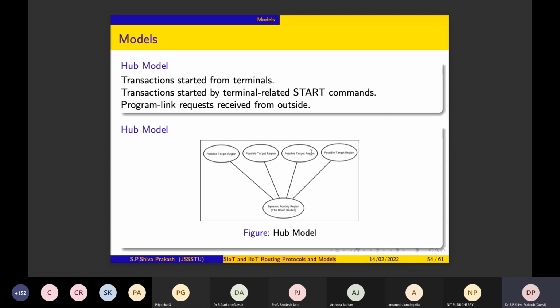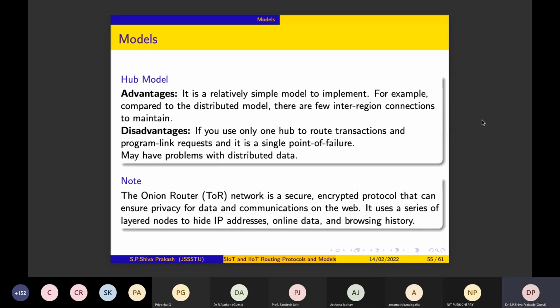In a hub model, there are multiple possible target regions that are trying to connect to the dynamic routing region. They start initiating through the commands, and the program link will be created between them. The advantage is that it is a relatively simple model to implement with respect to the distributed model, where you have an inter-region connection.